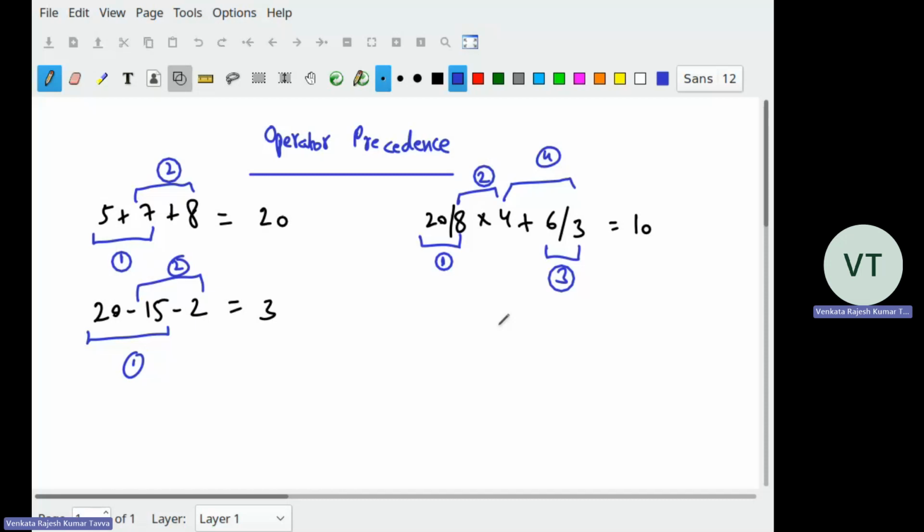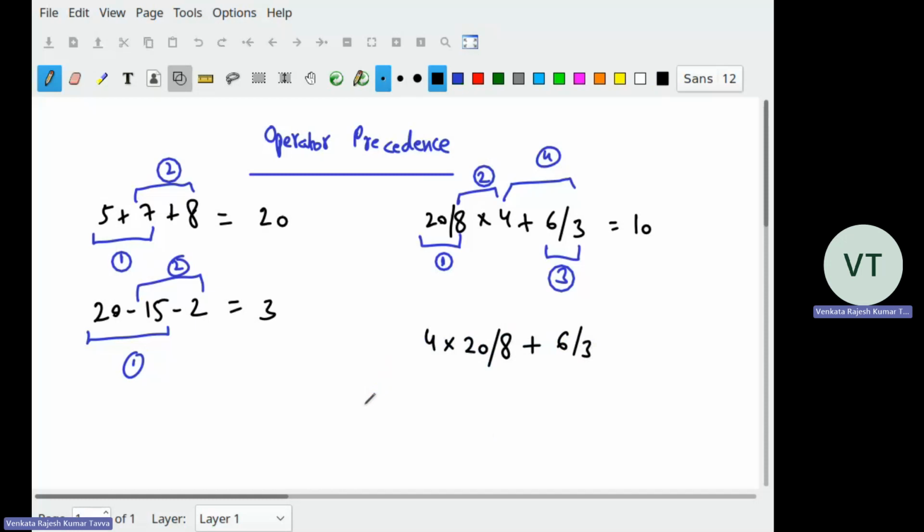Now, within division and multiplication, is there a hierarchy? Is there a precedence? Division. Okay. So let's slightly modify this. 4 into 20 by 8 plus 6 by 3.